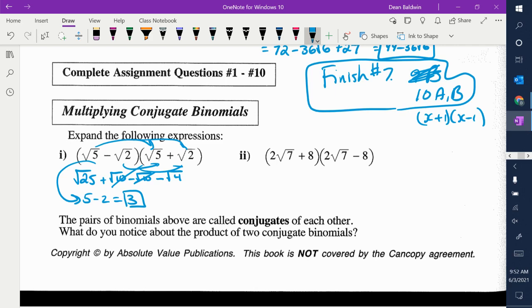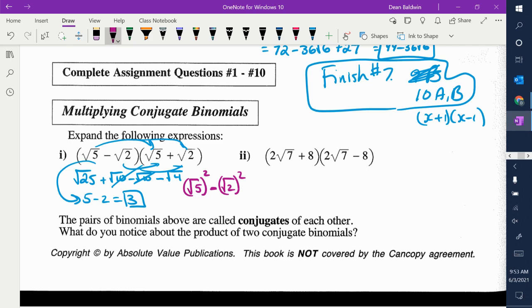So this is the same as root 5 squared minus the second term, root 2 squared. If you remember factoring, which we will come back to in the next unit, this is a difference of squares, okay?